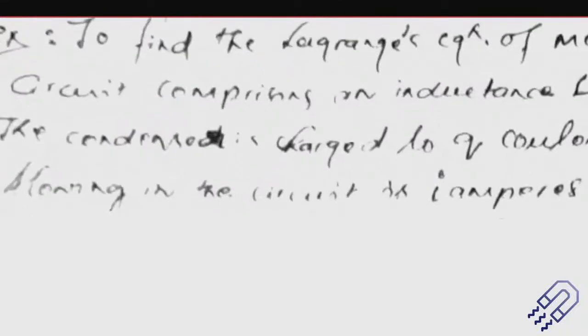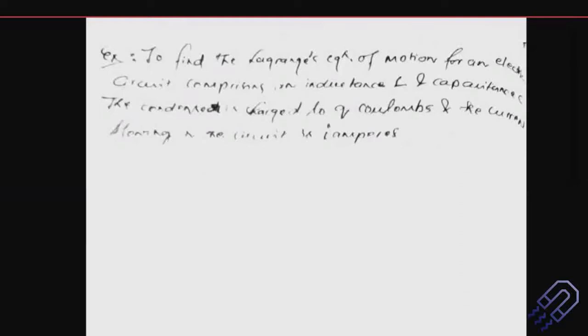So when you are considering an LC circuit, we are taking an LC circuit here. You have the current which is responsible for the energy storage in the inductor, and then of course there is charge, which is responsible for the energy storage in the capacitor.